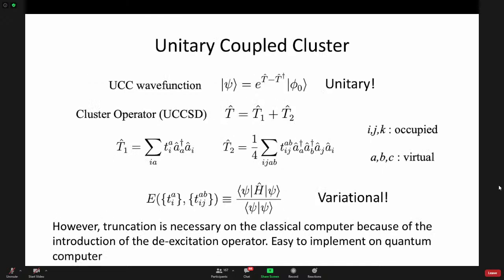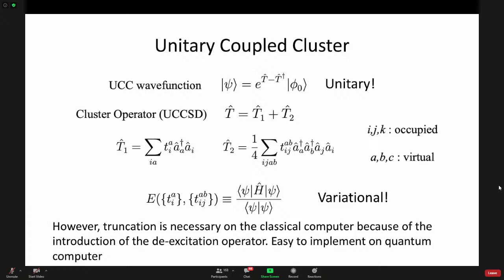What we use is a unitary variant of the coupled cluster method. What's different is we have a de-excitation term like this, a dagger, along with this excitation term like this. Now, if we do that, it's unitary, and better, it's variational now. So we could use this on a quantum computer and compute the molecular energies and so on.